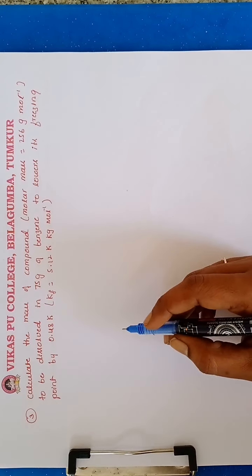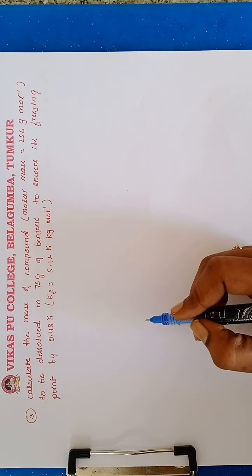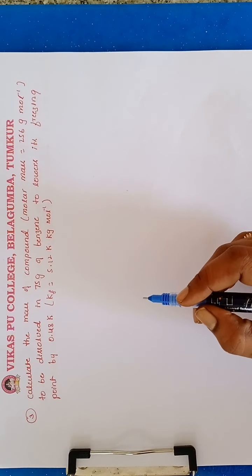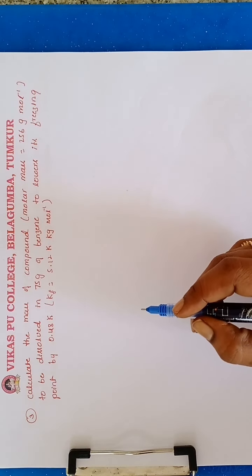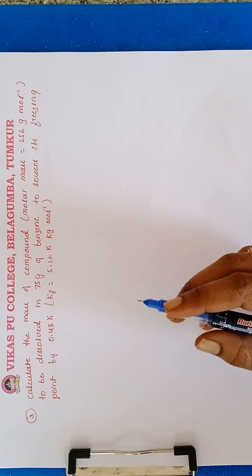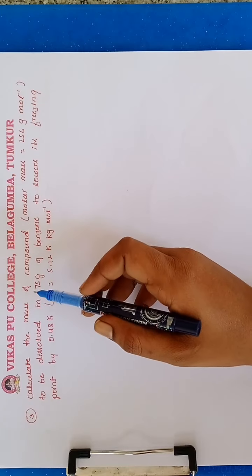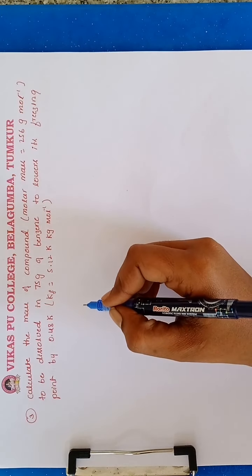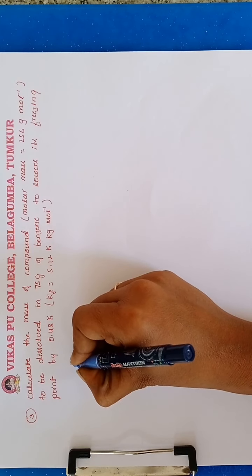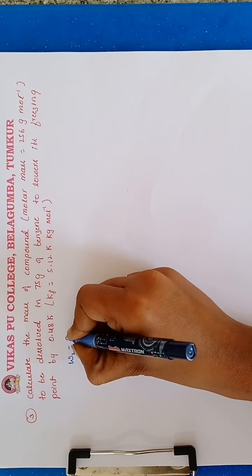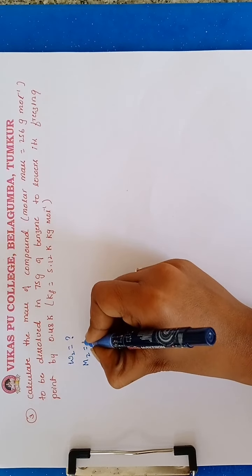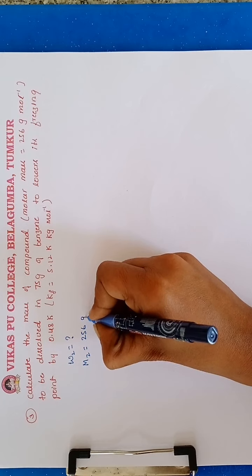What they are given and what we need to calculate, we should write down first. We need to calculate the mass of the compound, that is W2. Molar mass is given, M2 is equal to 256 gram per mole.